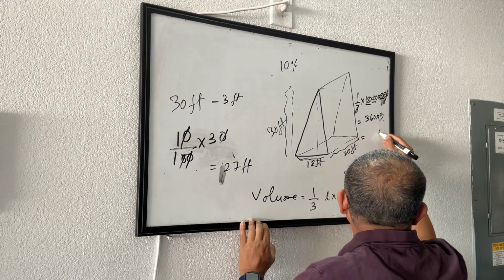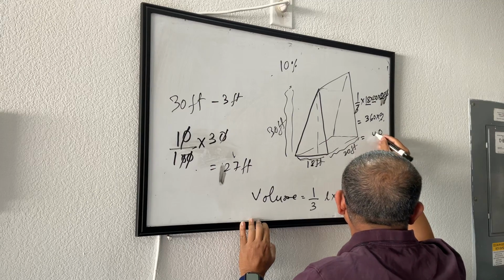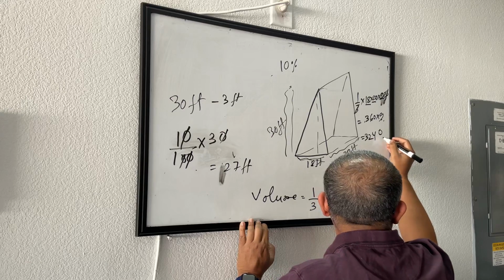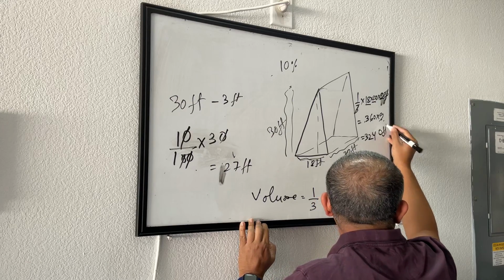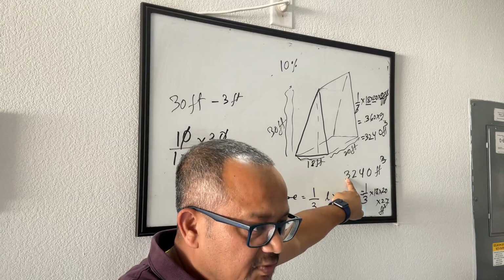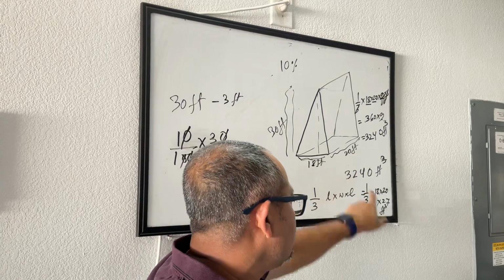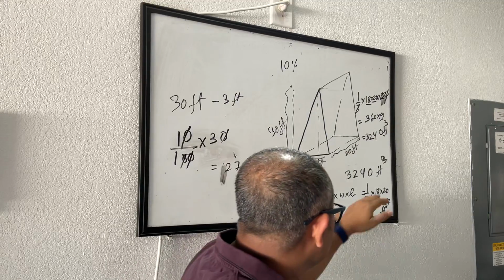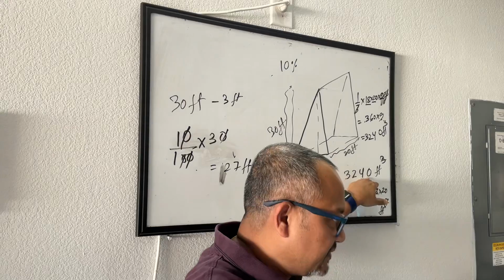So 9 times 0 is 0, 9 times 6 is 54, 5, 9 times 3 is 27 plus 5, 32. So 3240. So Praneeth and I got the same answer. If I did not do any mistake, then Praneeth also did not do any mistake, and vice versa.